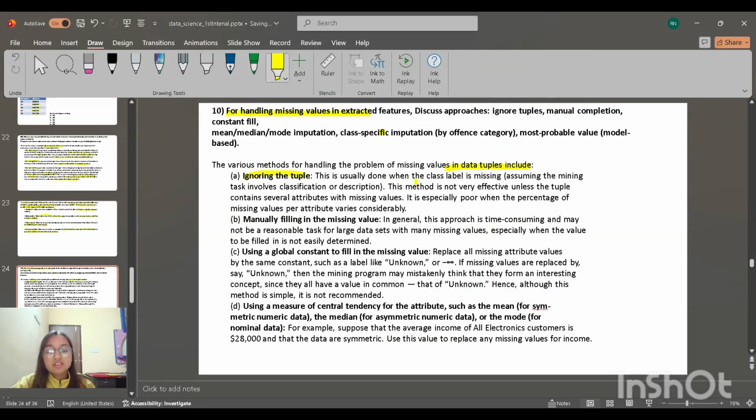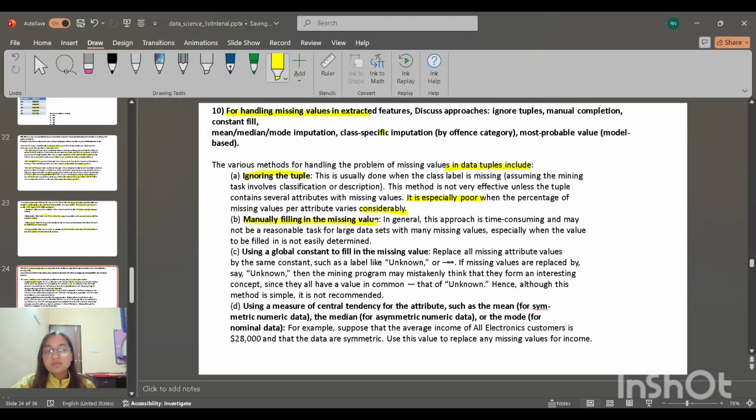This is usually done when the class label is missing. This method is not very effective unless the tuple contains several attributes with missing values. It is especially poor when the percentage of missing values per attribute varies considerably.